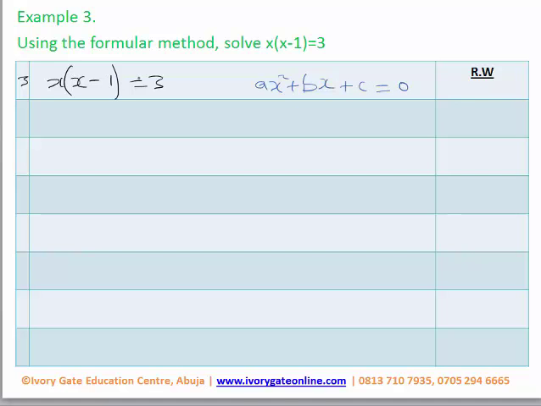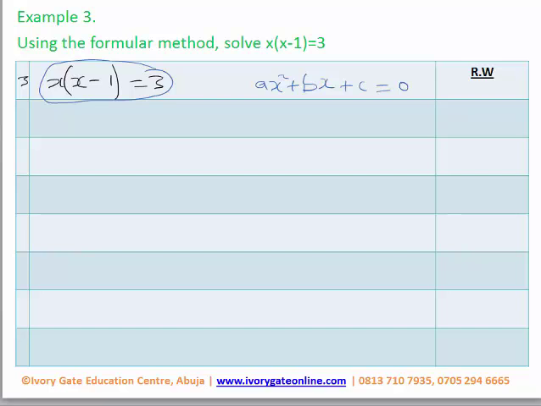But if you look at this, you will discover that it's not of that form. So we need to do something to make it of this form before we will be able to determine the values of a, b, and c. When we have a quadratic equation like this, we say that it is in disguise.